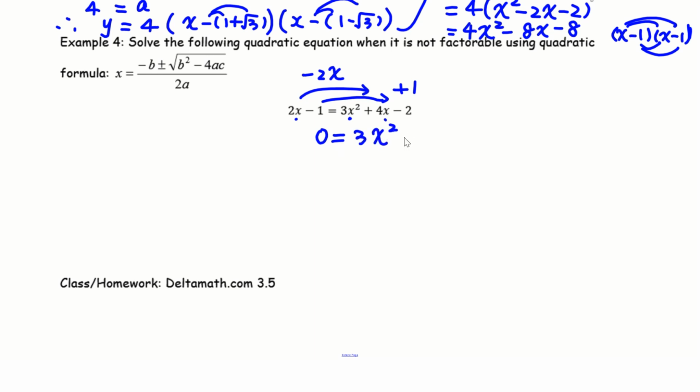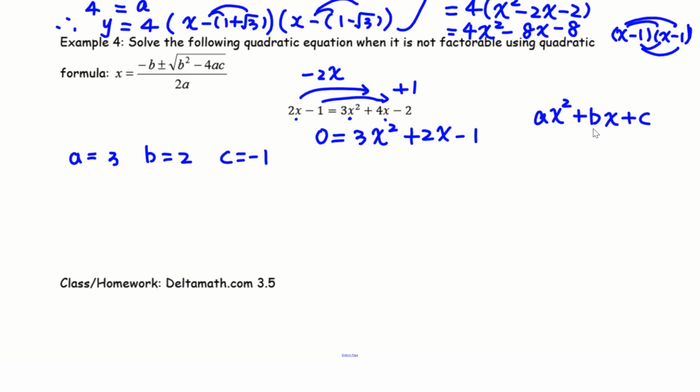We have 3x squared plus 2x, then minus 2 plus 1 gives you minus 1. Then we have a equals 3, b equals 2, c equals negative 1, by comparing this with standard form, ax squared plus bx plus c.